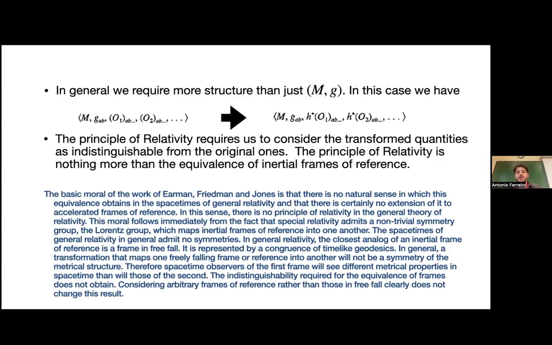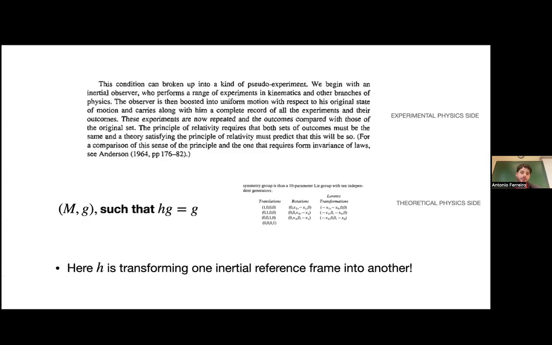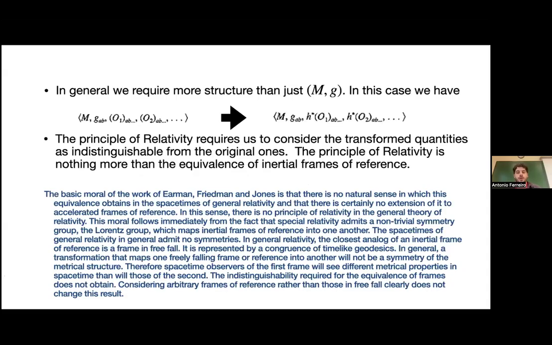Of course, this is if we only think about geometrical structure. So in special relativity, with the manifold structure and the metric structure, this is not enough. In general, with experiments, we need more. We can have an electromagnetic field, we can have mass density, and so on. So for general cases, the way we transform with this invariant transformation is the following.